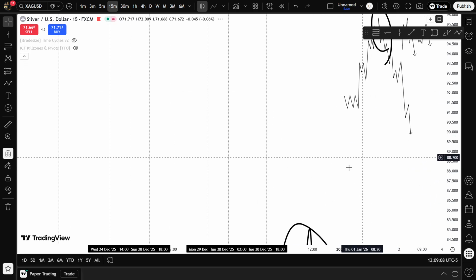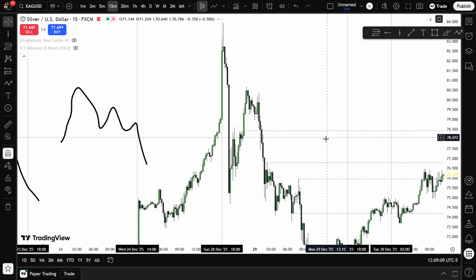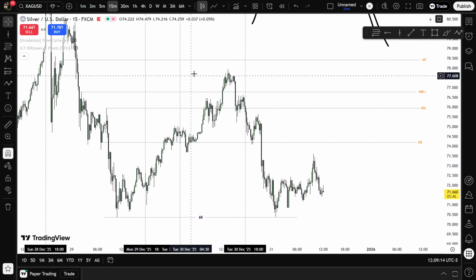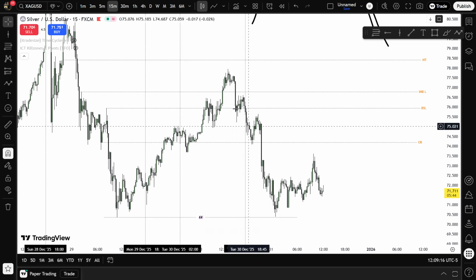So let's discuss the price now. So this is the larger market maker sell model. This is a smaller market maker sell model, smaller market maker sell model.